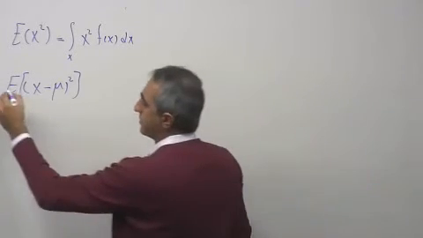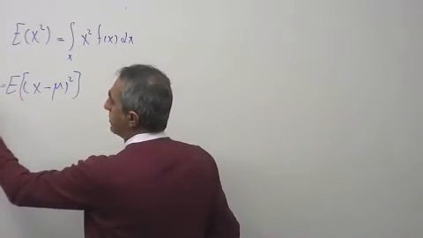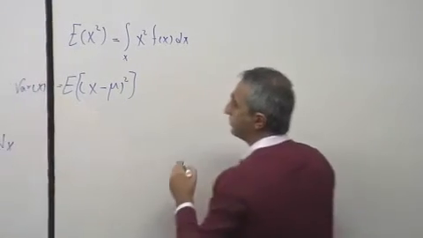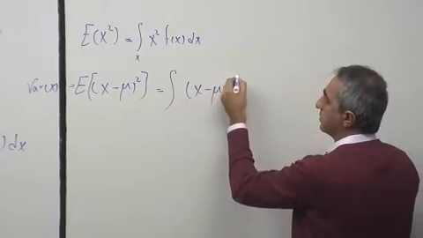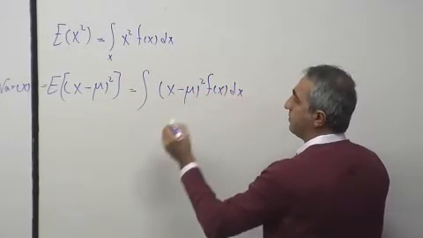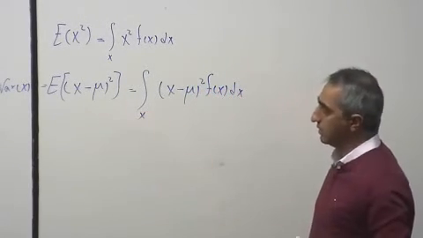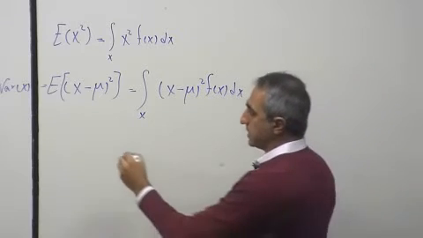This is called the variance of x, or sigma squared, which is this. There is another equation for finding variance.